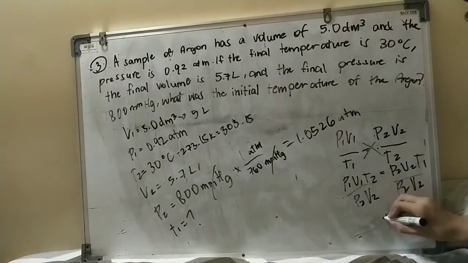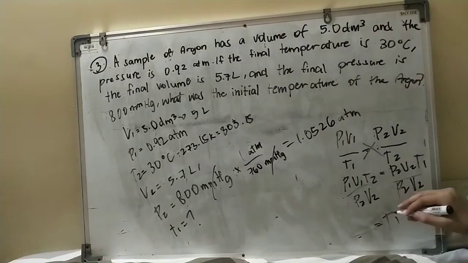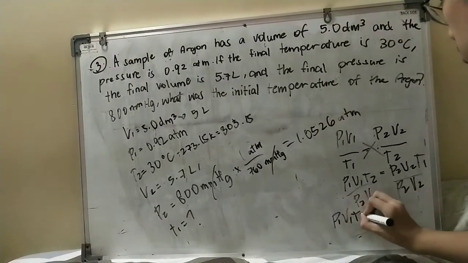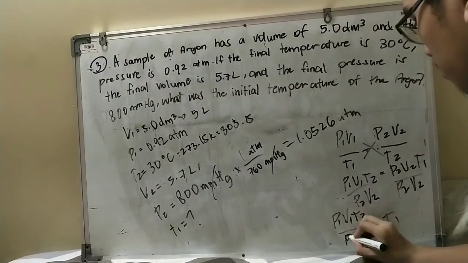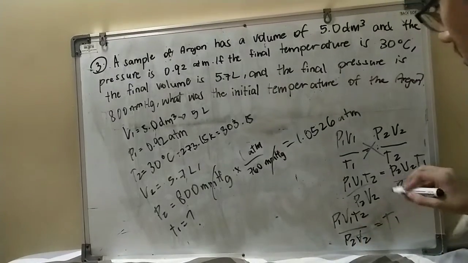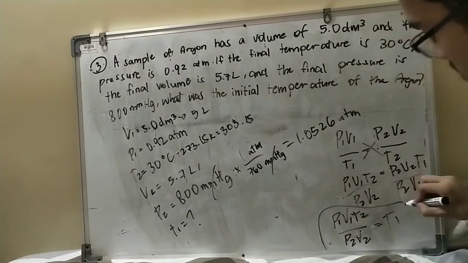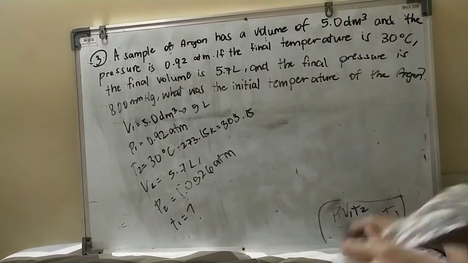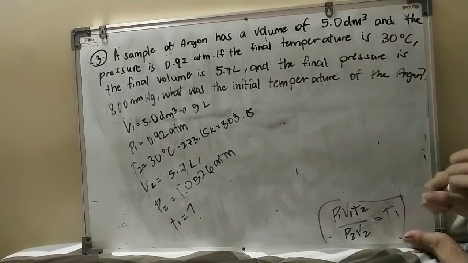So our formula for temperature 1 is P1 V1 T2 over P2 V2. So what we need to do now is to replace the values in our formula.